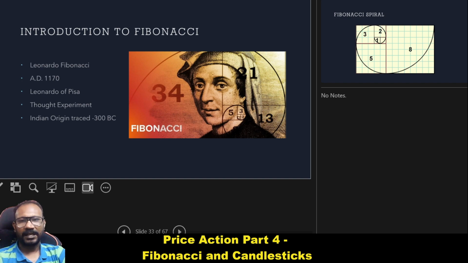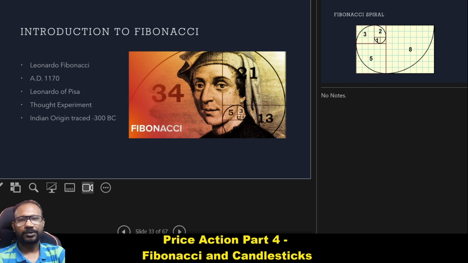That was a thought experiment with which the entire series of Fibonacci started, and it is not the only time where Fibonacci was discussed. It even dates far more earlier, around 300 BC in Indian literatures.